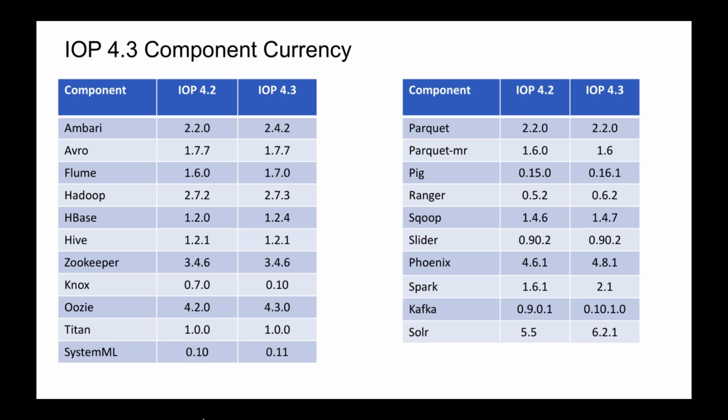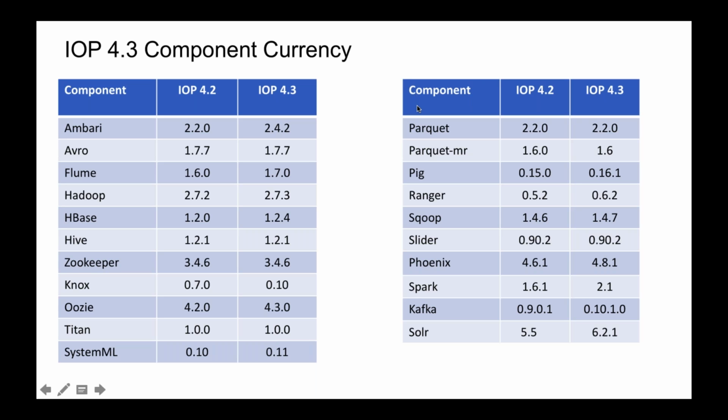Some of the highlights here are we are shipping Ambari 2.4.2 with Hadoop 2.7.3 version. We are shipping Ranger 0.6.2, Spark 2.1, and Kafka 0.10. So those are some of the highlights of the distribution.